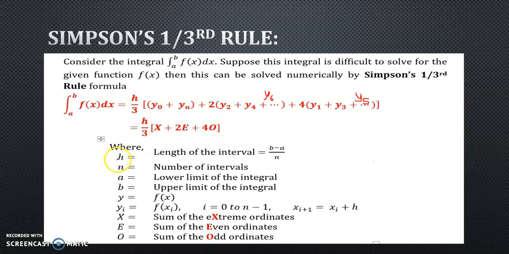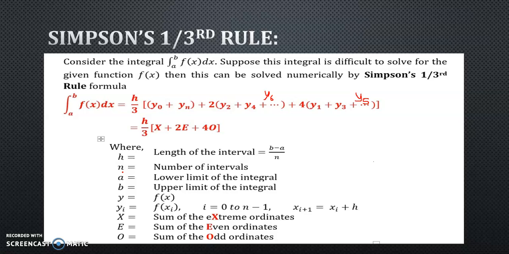Again, let us recall what h was. h was the length of the interval, which is also the difference between consecutive values of x. It can also be calculated using this formula. Suppose h is not given and the number of intervals is given. So what are the number of intervals?